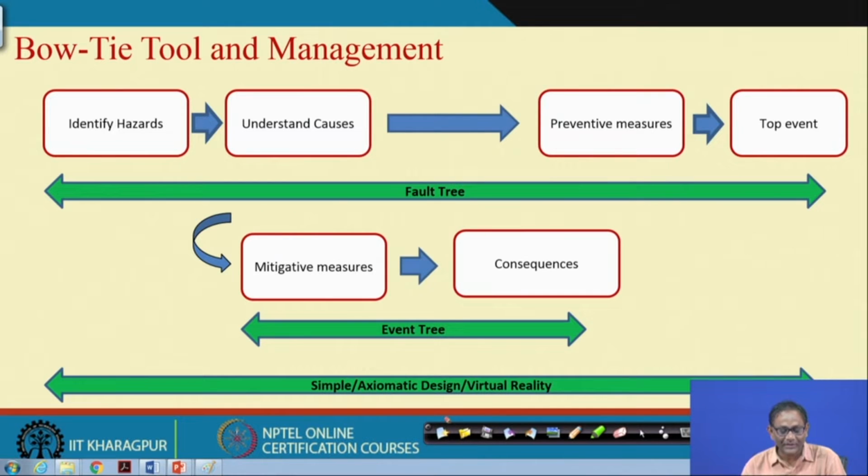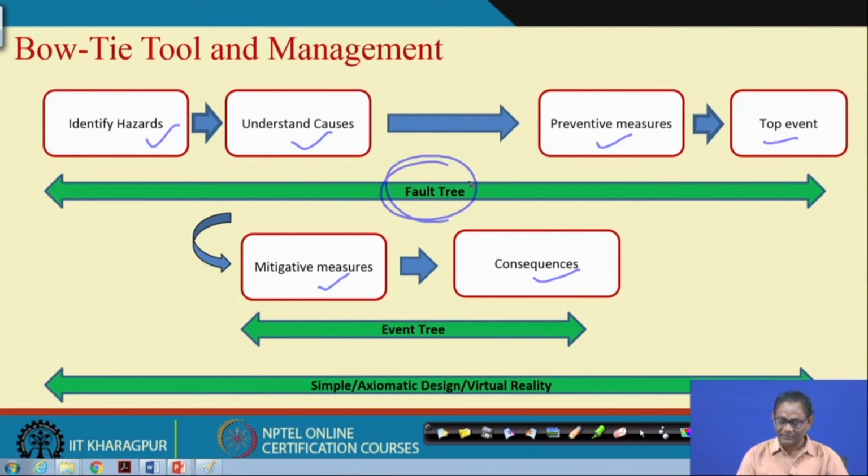So, as I told you, particularly this bow tie tool goes from the hazard, then causes, then preventive measures, top event, mitigating measure, consequence. So, that is the sequence, and you see we are talking about the top event with reference to probability. When we are talking about consequence, we are bringing in the event tree.